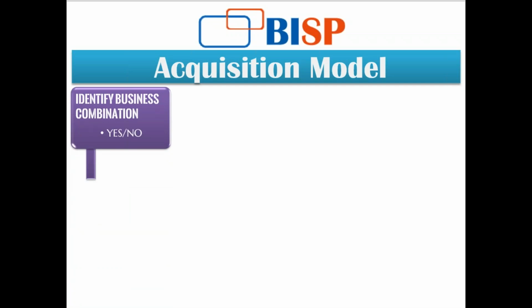So the first one is to identify the business combination. What kind of business combination am I considering? What is the business combination that I've entered into? Traditional acquisitions, like purchase of a controlling interest in an unrelated operating entity, are business combinations within IFRS 3, and step acquisitions are also there. We've gone through so many under the scope.